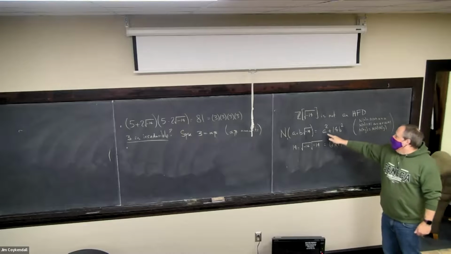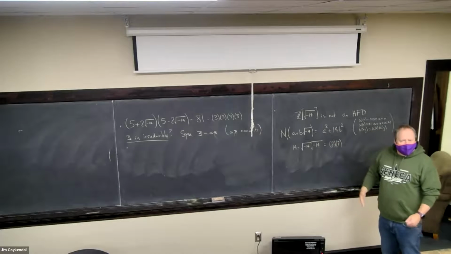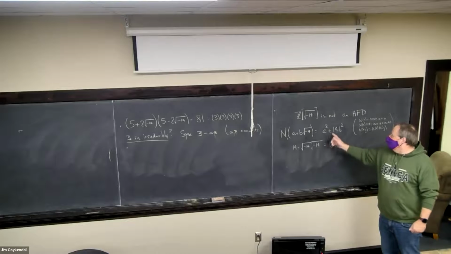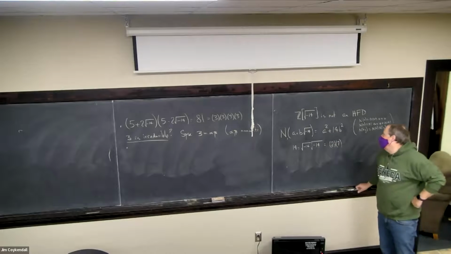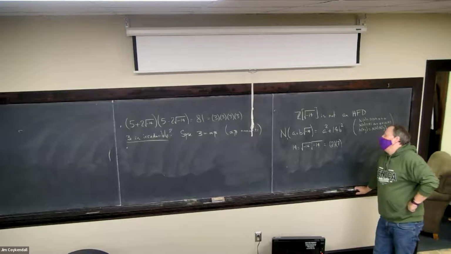If this were a squared minus 14b squared, it's more problematic because I promise you, you will get non-trivial solutions to that. Let me see if I can get you one real quick.